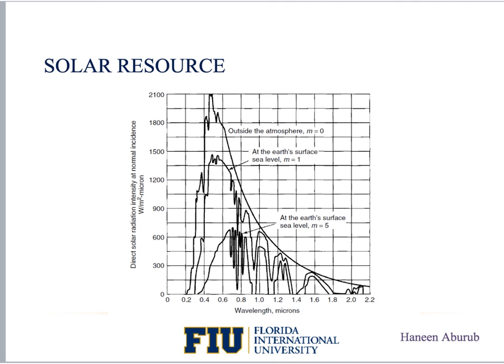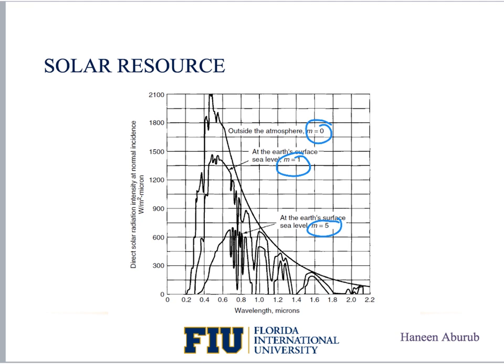Now here we can see that as the air mass ratio increases, so here we have M0, M1 up to M5, that means the sunlight is passing through more atmosphere.